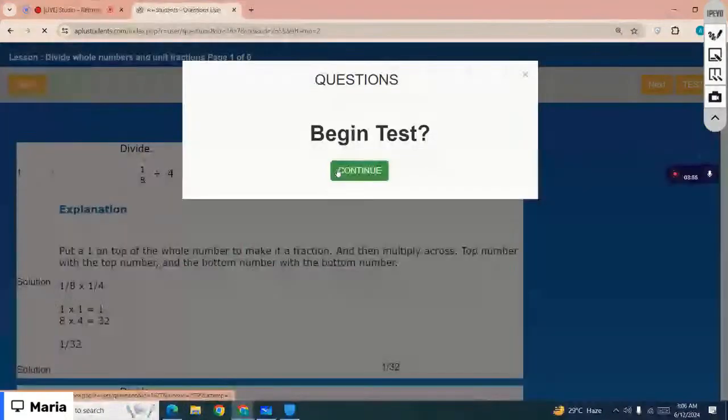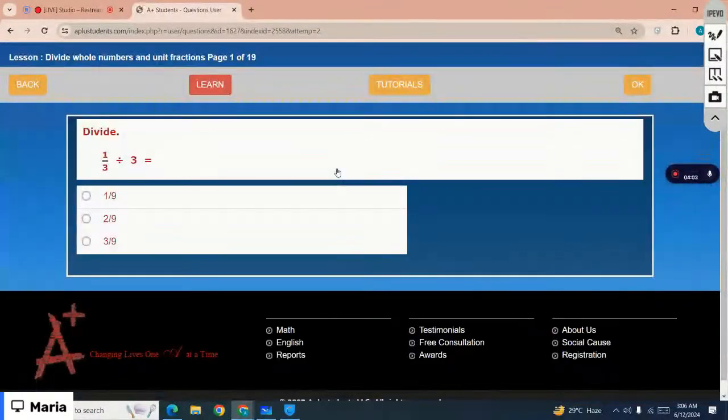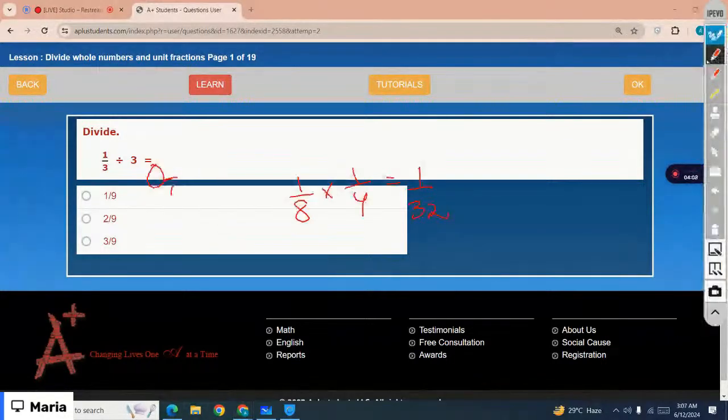Questions. That is 1 by 3 divided by 3, right? So dividing a number is the same as multiplying with its reciprocal, right? So you have to change the division sign to multiplication and take the reciprocal of the term. Reciprocal means interchanging numerator and denominator. That would be then 1 over 3. Got it?